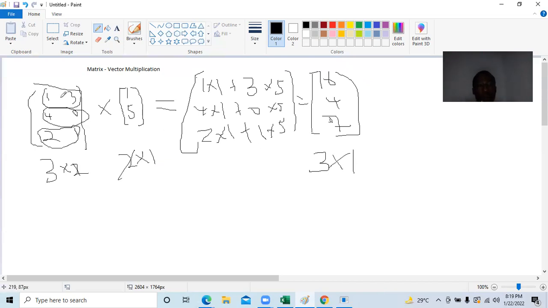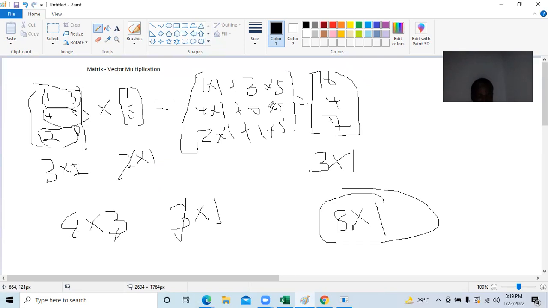Matrix vector multiplication always follows this rule. If you have an 8 by 3 matrix and you multiply it by a 3 by 1 vector, this 3 will cancel this 3, and your result is going to be an 8 by 1 vector. But because this is so simple, we're going to move on to the next topic.